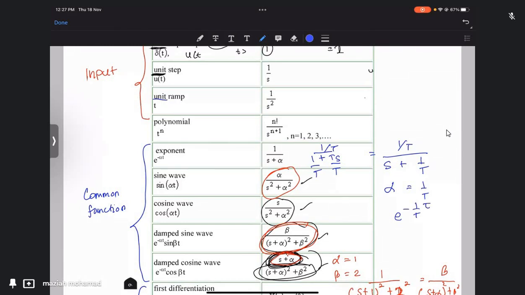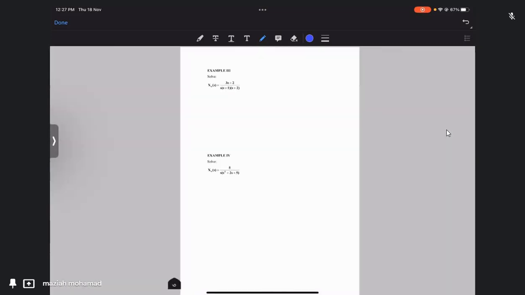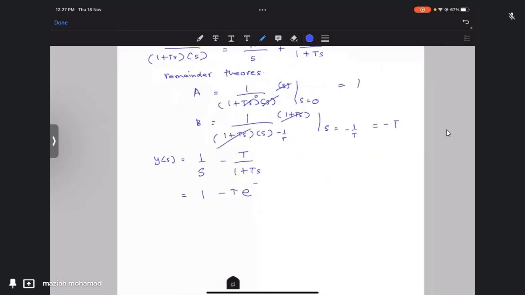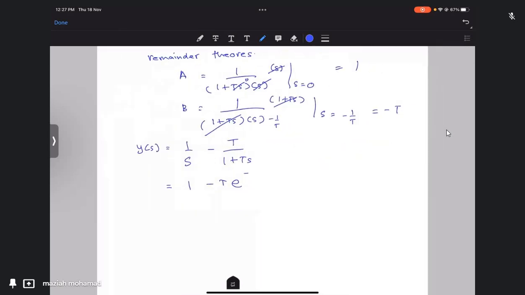Small t. So by replacing there, after you inverse, you get.